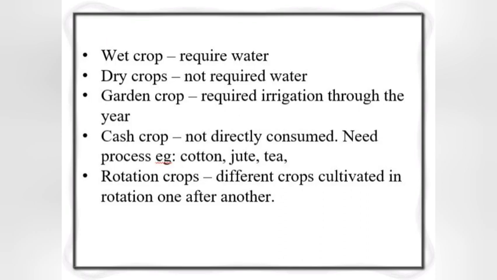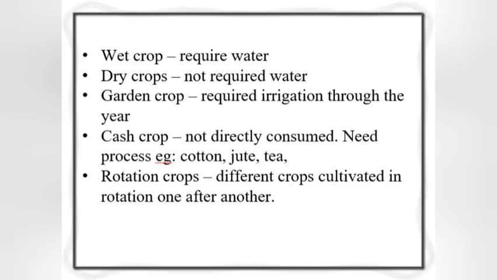Any product that we cannot consume directly also comes under cash crops. Cotton is not consumed directly; in terms of clothing we need to process it. Jute, yes, we need to process it.